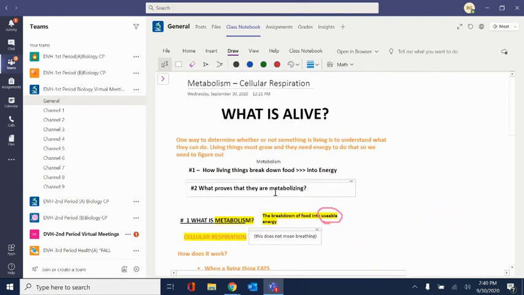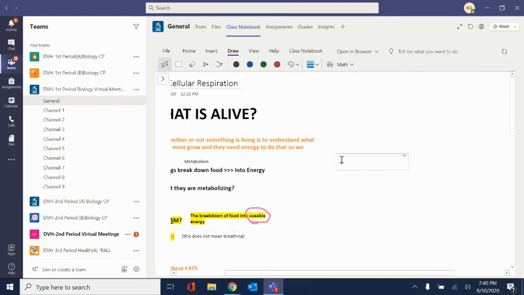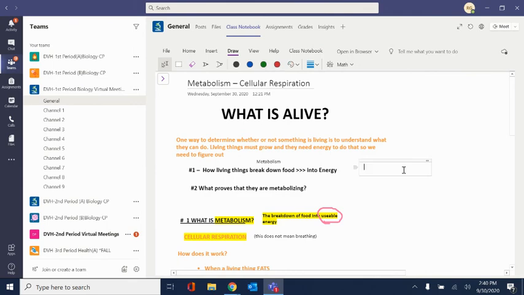What proves that they are metabolizing? Now we can ask, how do living things break down food into energy? We're going to say they metabolize, or go through cellular respiration.